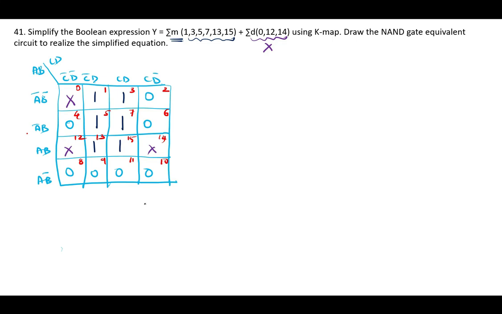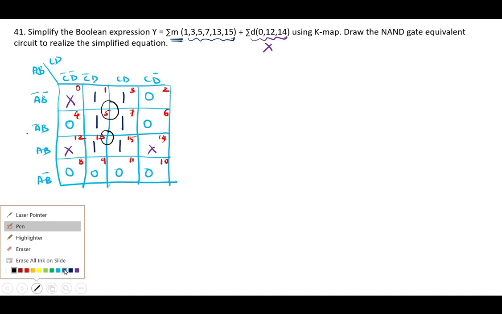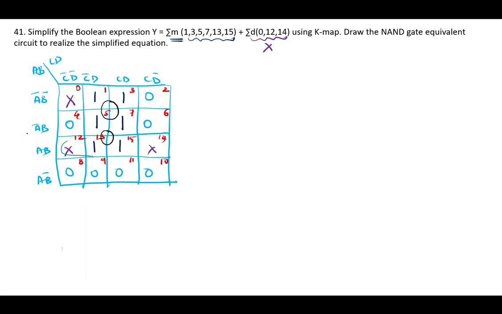Okay, let us group this. This is one quad and this is another quad. Also, we can group this as one quad. There is no chance of making octets, and a pair is not required when there is a chance of making quads.